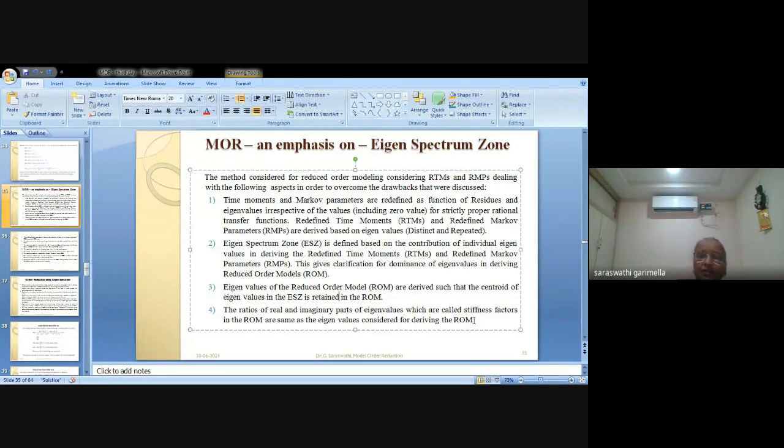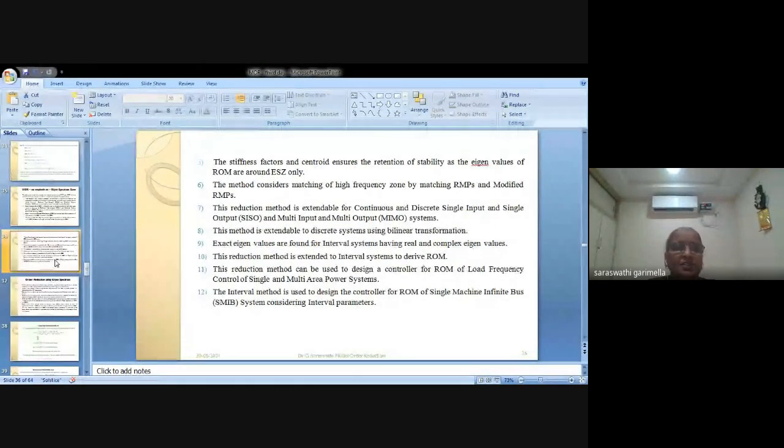But remember, all this is only for the ESZ. Whatever ESZ is considered, only for that will these things remain as they are. The stiffness factors and centroid ensure the retention of stability, as the eigenvalues of the reduced model are around the ESZ only, because the poles will be distributed between those two.